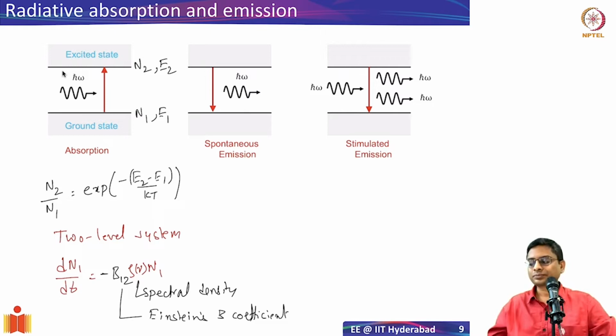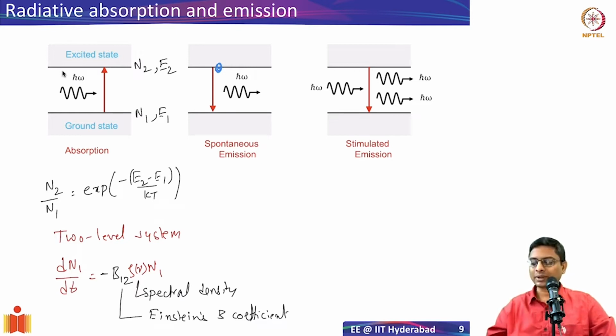Now, you can have another scenario wherein, let's say, an electron is already present in the excited state somehow. Now, that electron can actually emit a photon and come down. In the first case, we have absorption of photons. In the second case, I can have an emission of photons, and it doesn't need any external input. So we call it a spontaneous emission process, wherein it just automatically releases a photon and then comes down.